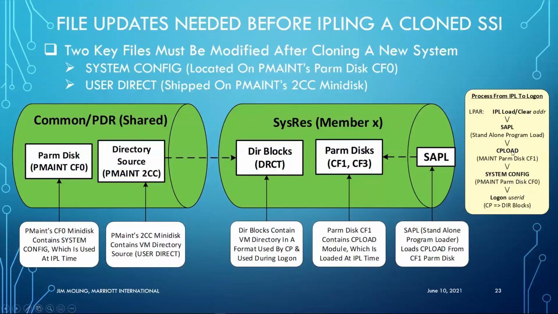Once you tell SAPL to go, it then loads the CP load module, which gets VM up and running. And once CP starts running, it then reads the system config and goes on from there.